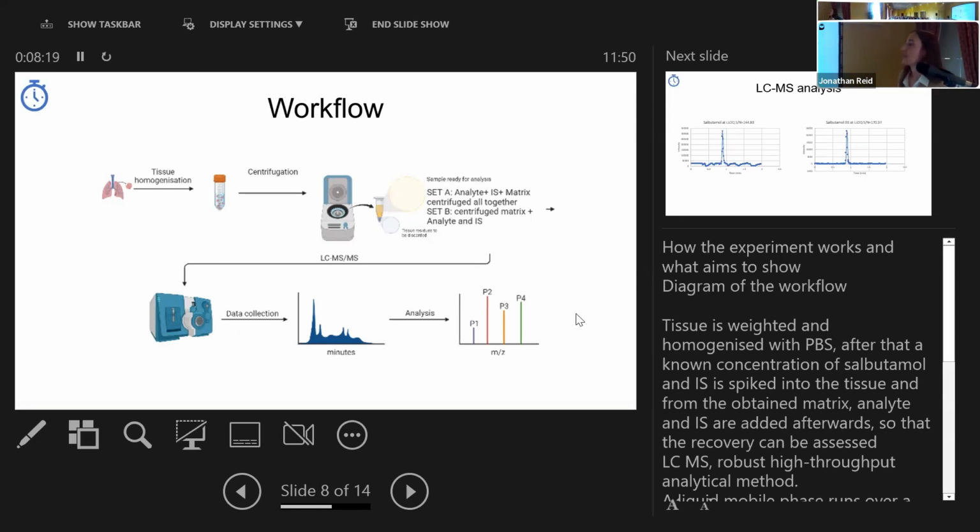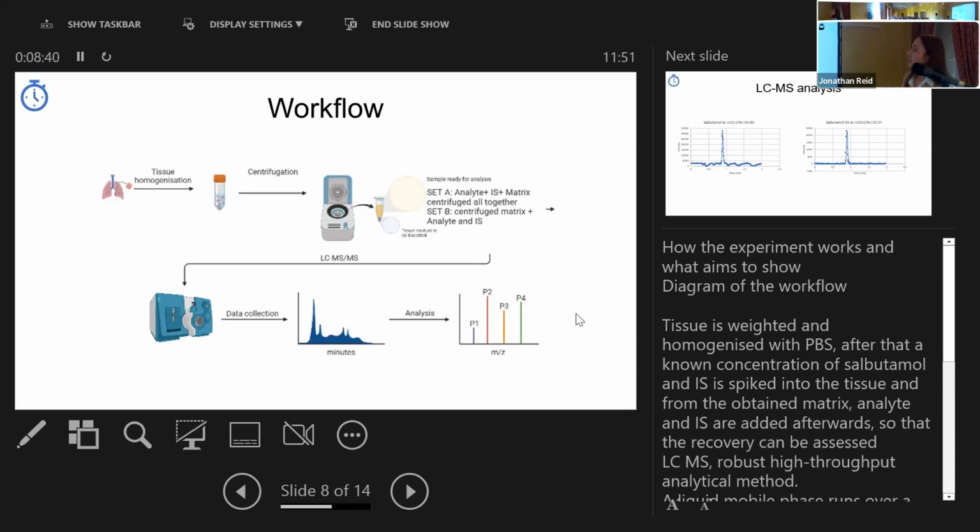What I normally do is take pieces of rat lung tissue, homogenize it with PBS, and then produce 2 sets of samples. In one, I put the analyte, the salbutamol, an internal standard, and the matrix tissue, and they are all centrifuged together.